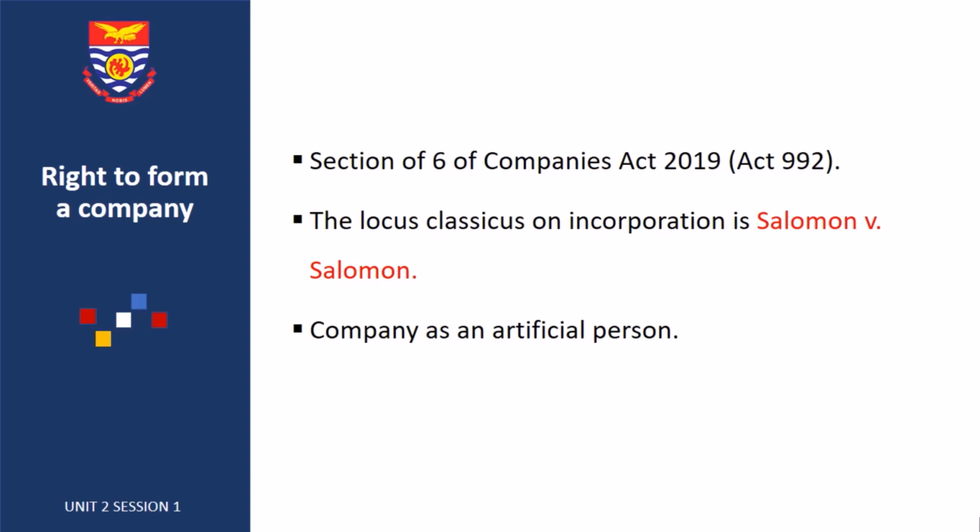Once it is incorporated, it assumes a character of what? Artificial person, capable of doing all businesses that a natural person would do, provided the contract is not illegal, but rather lawful.